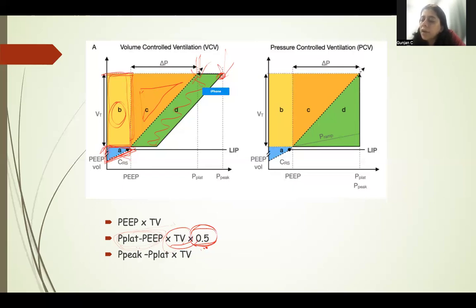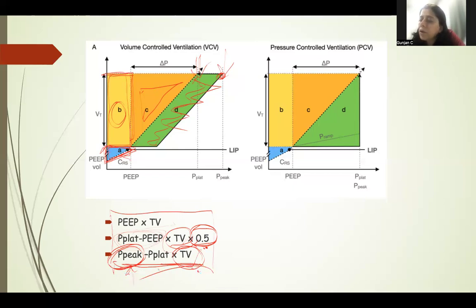And then there is a resistive component. When the air is flowing, the pressure that we take is the P peak. So it is P peak minus the P plat, only this green part, multiplied by the tidal volume. So the energy that is used to overcome this component is the P peak minus P plat into the tidal volume.